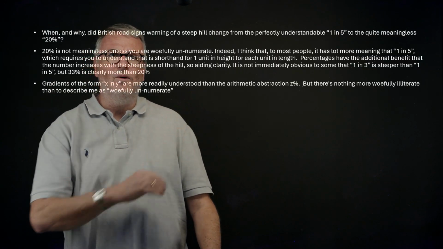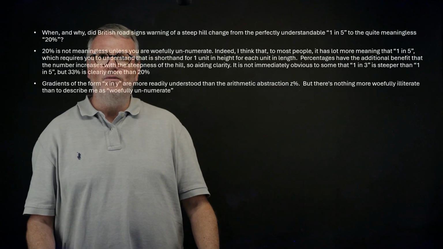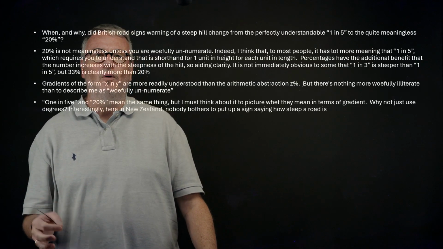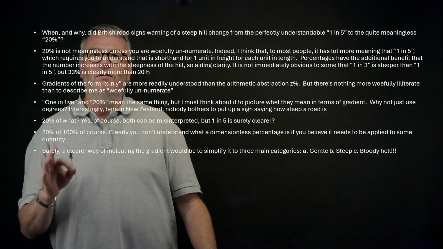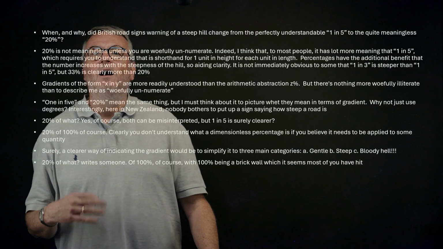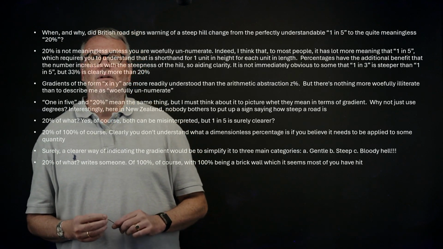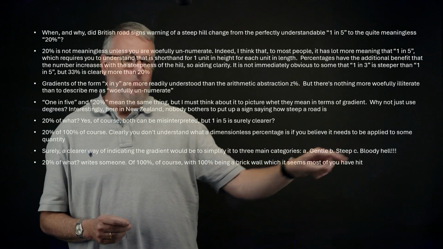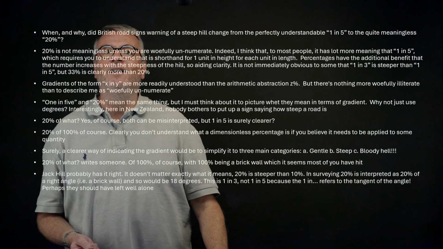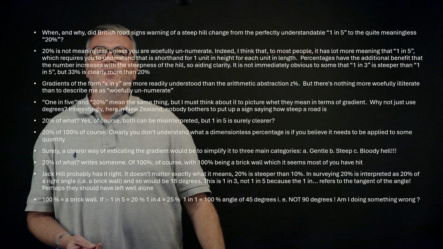"There's nothing more woefully illiterate than to describe me as woefully innumerate." And anyway, you get the point. It just went on and on. "I really do not understand people who insist on doing this." I like that one. "Why don't we just say it's gentle, it's steep, or bloody hell?" So yeah, you get the point. Lots and lots of trolling was going on at the time of this change.